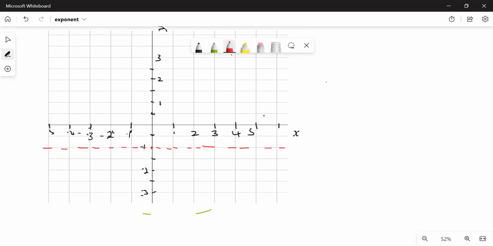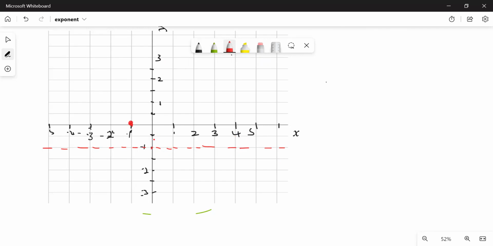Now that we have the asymptote, let's get the x-intercept. What do you have as your x-intercept? Minus 1. On the x-intercept we have minus 1, which goes with 0.